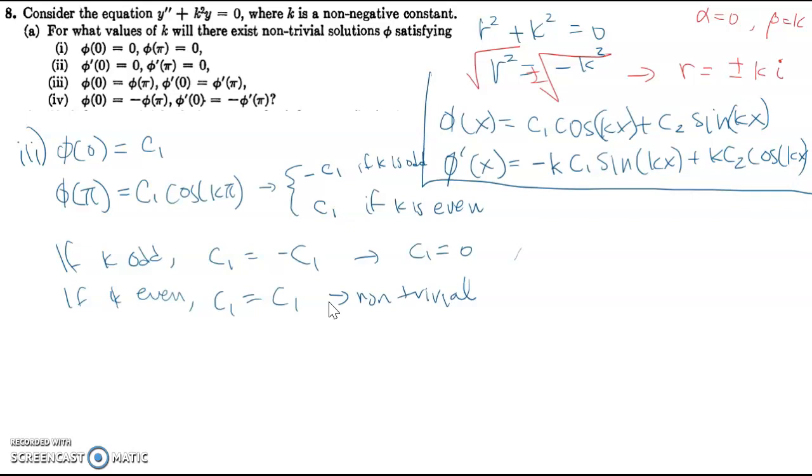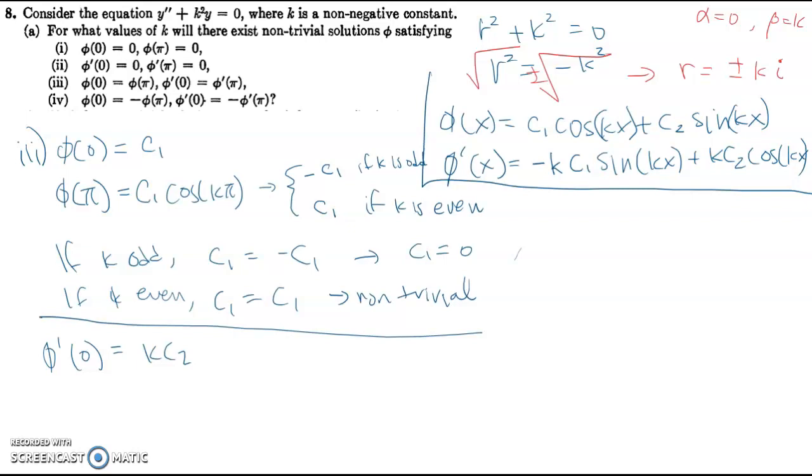Okay. All right, so let's keep this and go on to our second part, which says that now phi differentiated once at 0 equals phi differentiated once at pi. Okay, so let me plug in phi differentiated once. Sine of 0 is always going to be 0, so I have k c2, and cosine of 0 is always going to be positive 1.